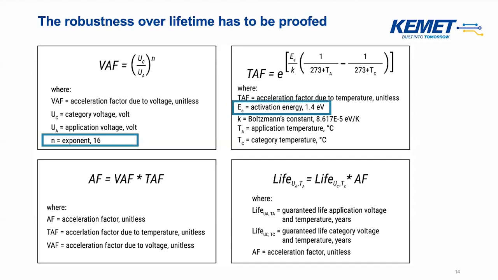Important for you is to know your ambient temperature plus self-heating, and of course the application voltage compared to the category voltage. Category voltage is up to the 105 rated voltage, and above 105 degrees C you need to derate your voltage and go with lower ones.